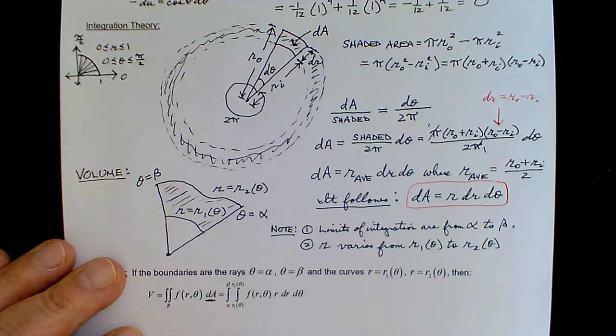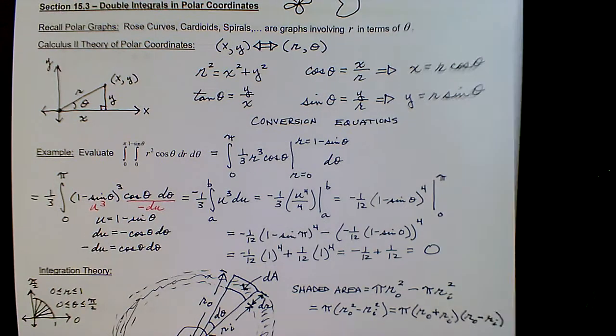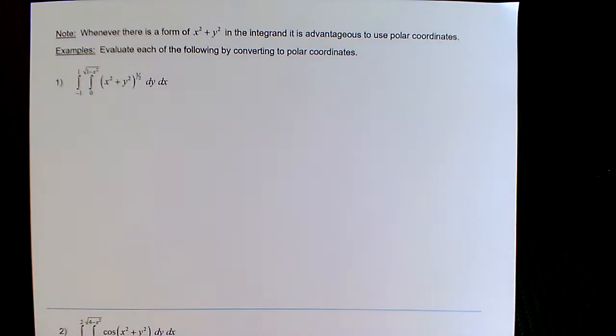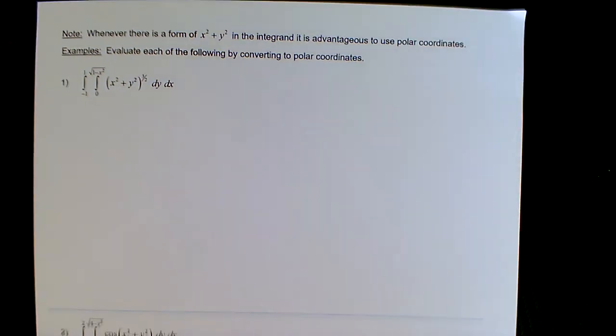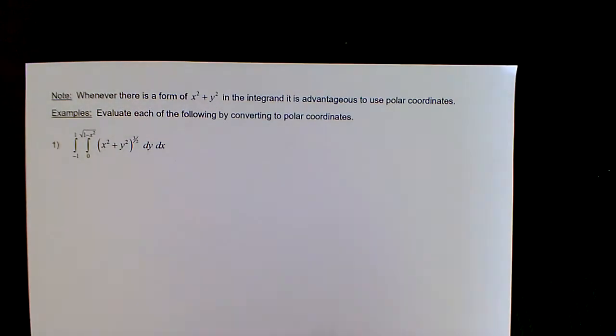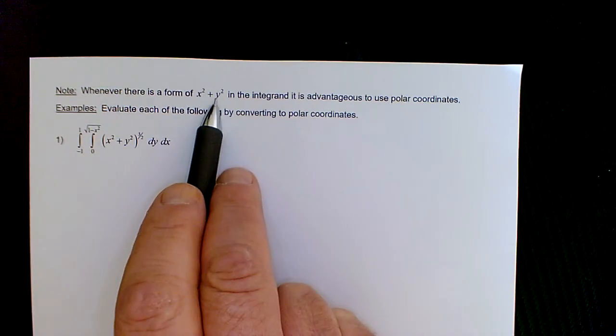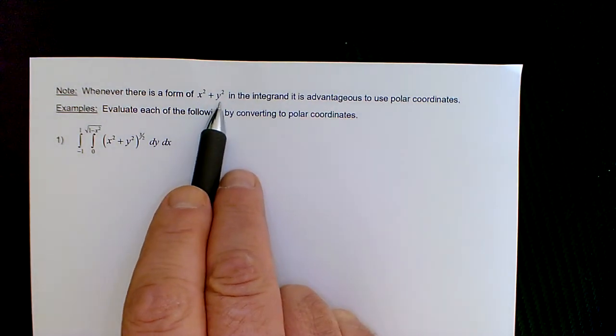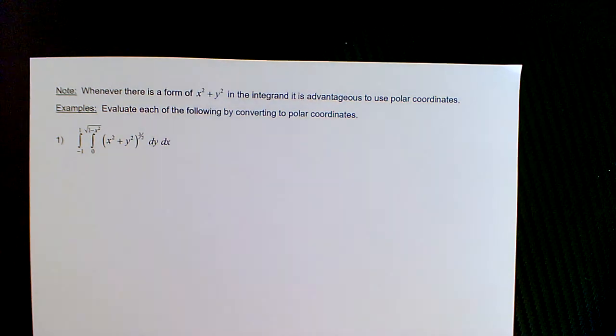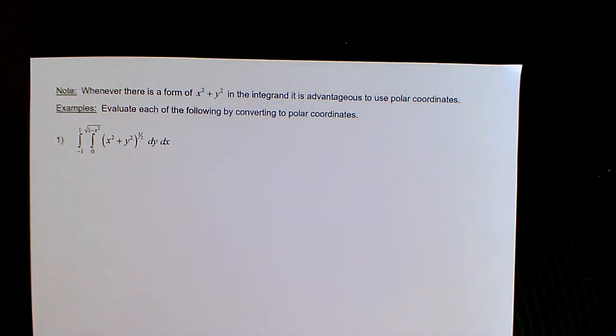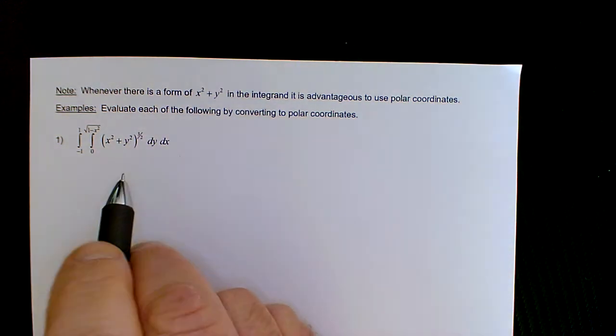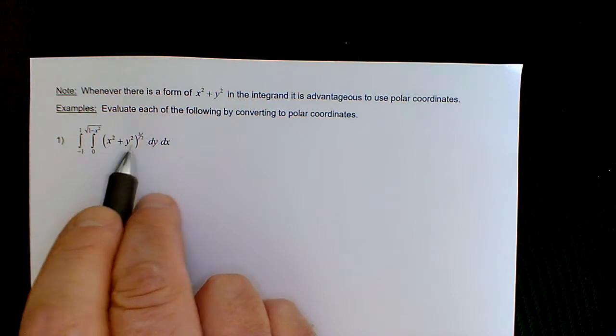So we're going to need to make sketches to change these regions over to polar coordinates. Basically, polar coordinates are convenient whenever there's an x squared plus y squared, something circular, in the integrand. That's when we'd like to use polar coordinates, and you can see that's the case here.